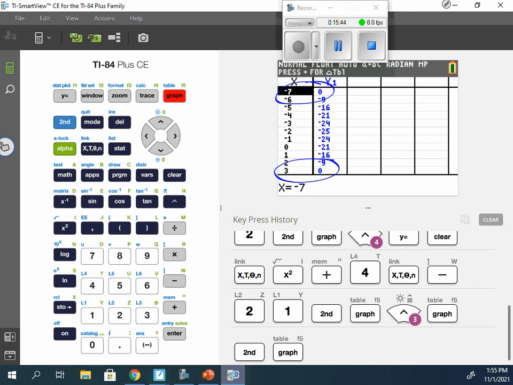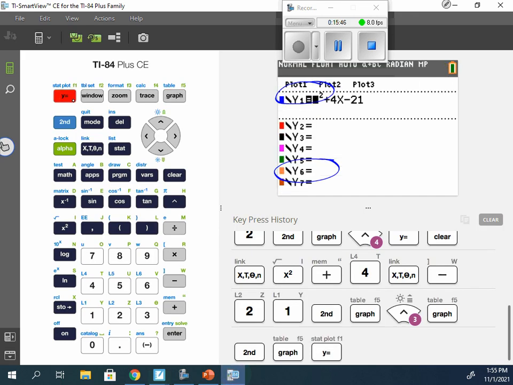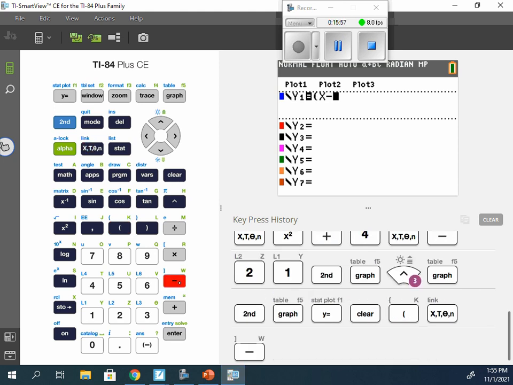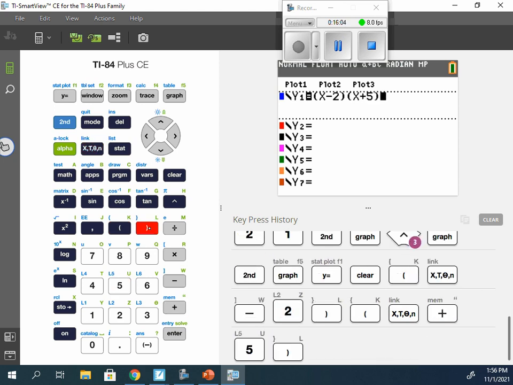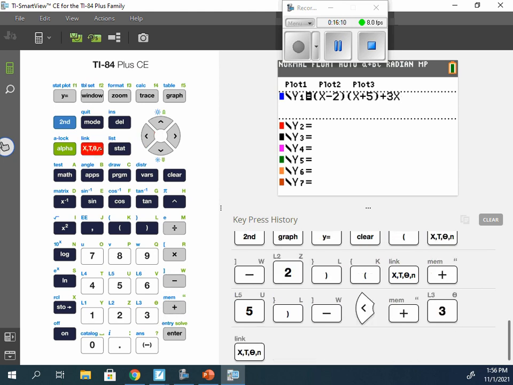So what we can do is pull the graphing calculator back up and hit y equals. Now that we have it equal to 0, we can type it in exactly as they told it to us. (x - 2)(x + 5) plus 3x plus 19.